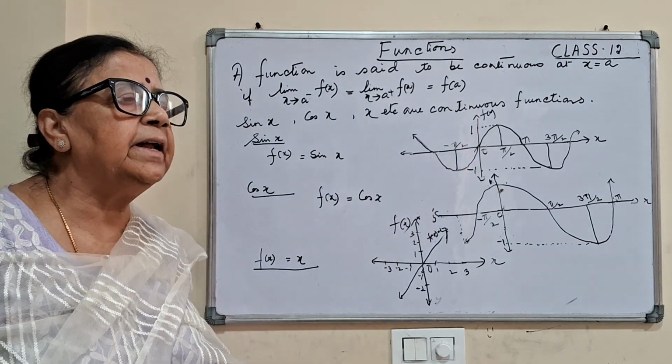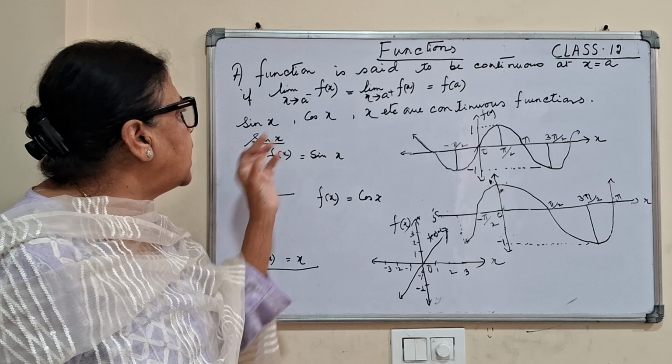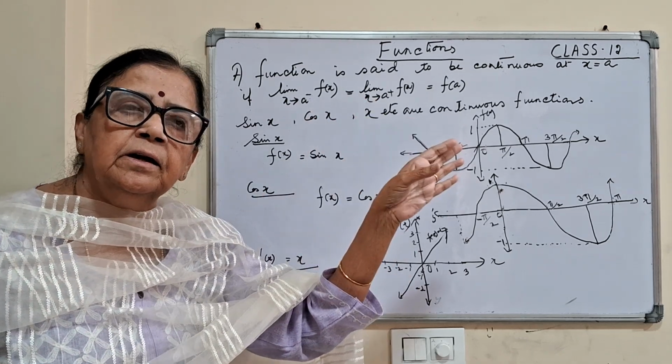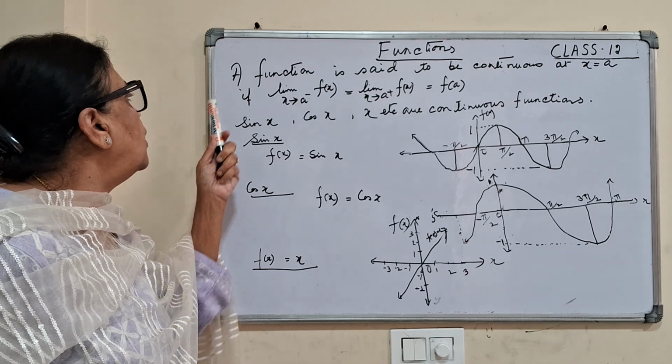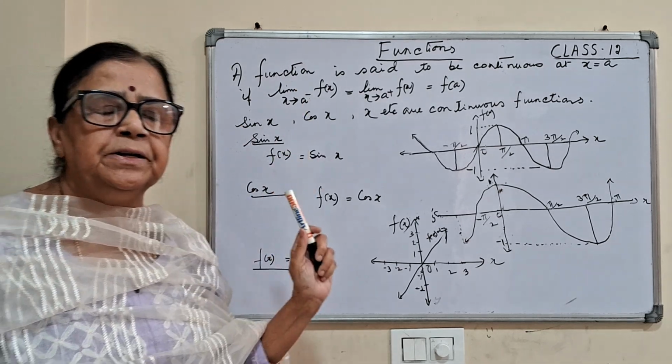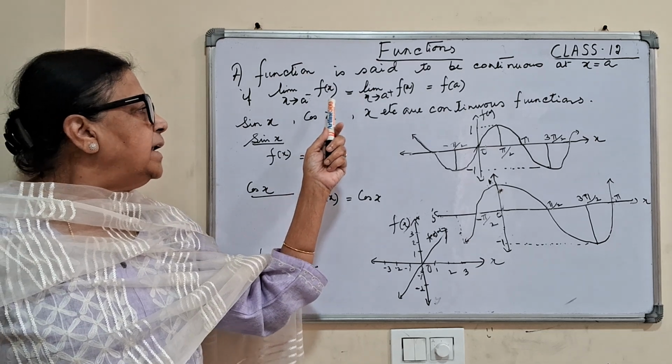So how do I get the functional value? Suppose a is given, I put it in the function. Now this is called a function being continuous.